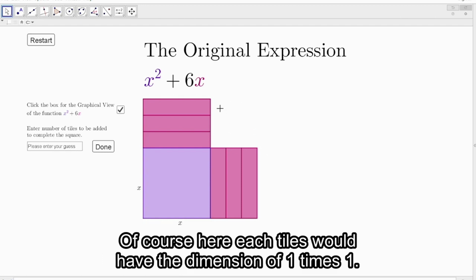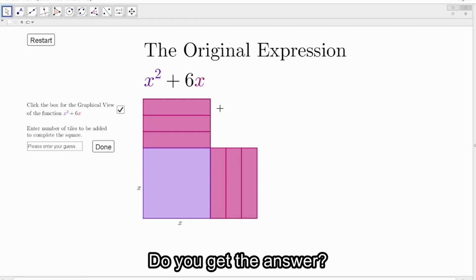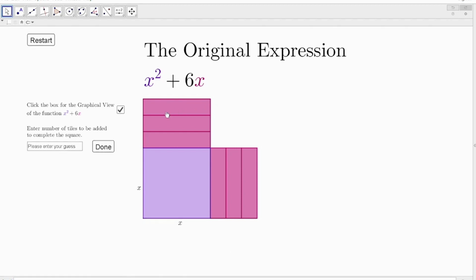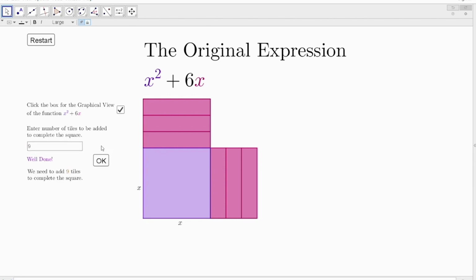Of course, here each tile will have the dimension of 1 times 1. Do you get the answer? I guess we need 9 tiles.